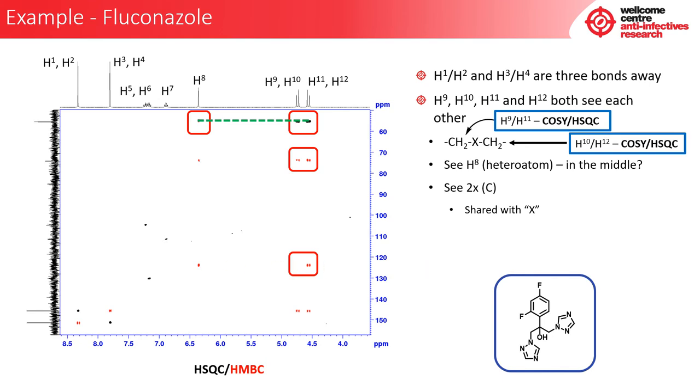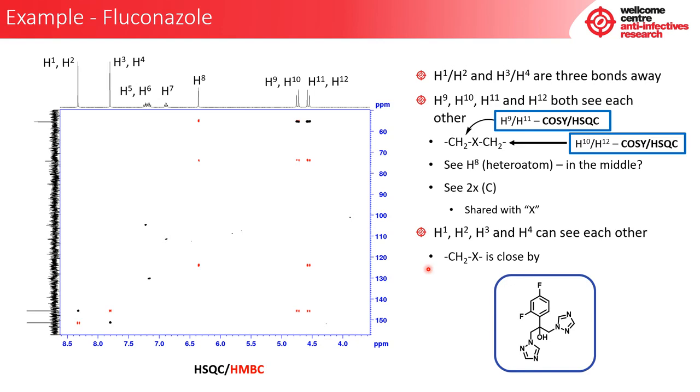What else can we say about this spectrum? Well, H1 and 2, 3 and 4, we already determined could see each other by this coupling happening here. But what else can we say? Well, actually, the CH2 is close to it because the CH2 can actually see this aromatic peak here.